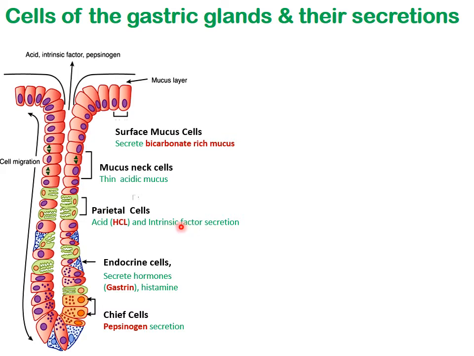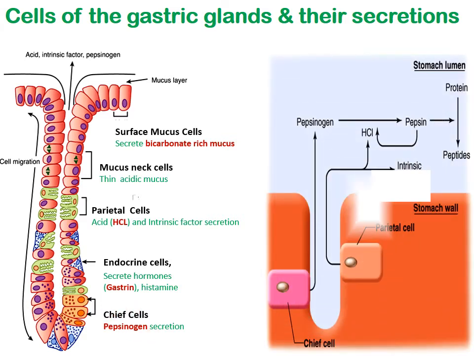This is the intrinsic factor we discussed one slide before. That means this intrinsic factor is needed for vitamin B12 absorption. So remember, the parietal cell has two functions. It will be secreting HCl and the intrinsic factor. Endocrine cells secrete hormones like gastrin and histamine, then chief cells secrete pepsinogen.